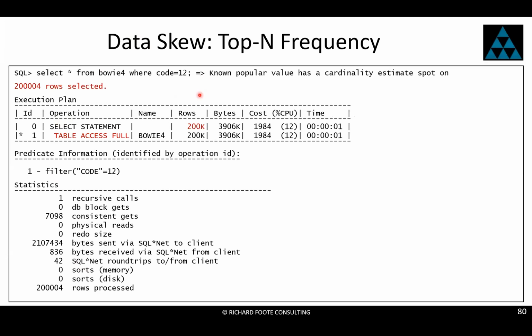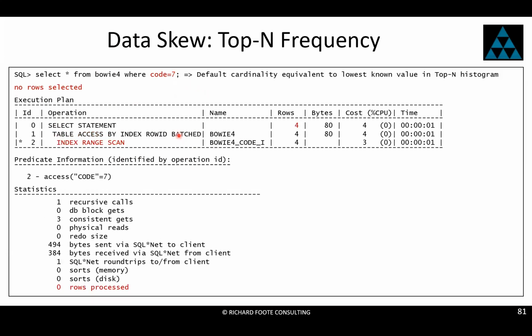So the behavior now is, if it's a known value, perfect, beautiful. This is very, very common, and I want this. I want to do a full table scan. All right. Slight difference in behavior with top end frequency is because we don't have all the values.